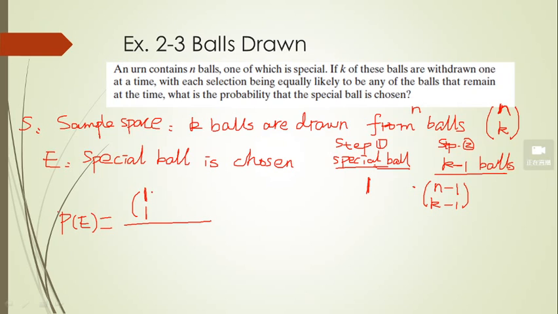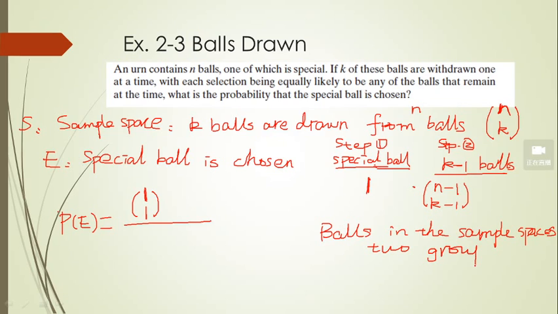You can represent this as: you have one special ball, you choose one from it, right? You can also divide the balls in the sample space into two groups, like the colors we did: the special ball and the others. The special ball total is 1.